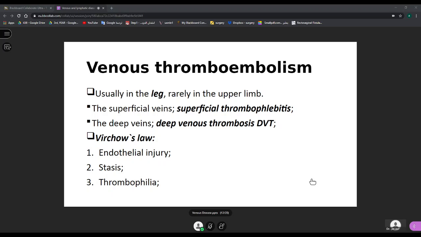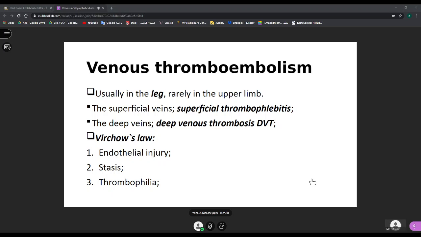This thromboembolism can affect the superficial veins, and this is known as superficial thrombophlebitis, and it can affect the deep venous system, giving rise to a common condition that we know as deep venous thrombosis. So thrombosis of the venous system can affect the superficial veins as well as the deep veins.